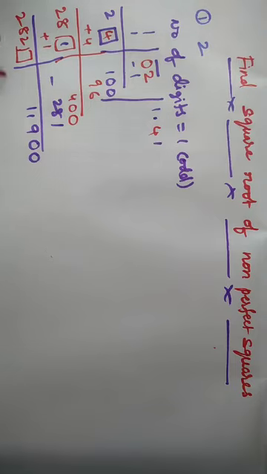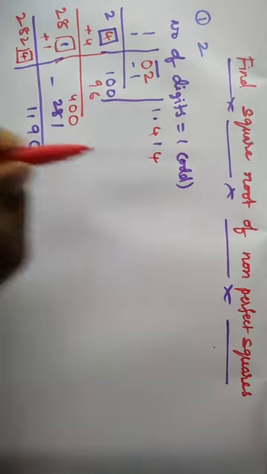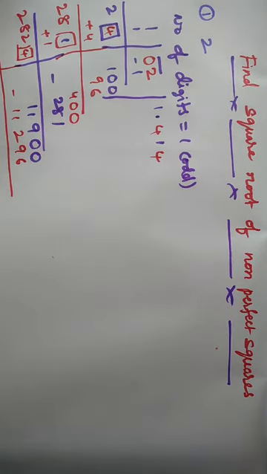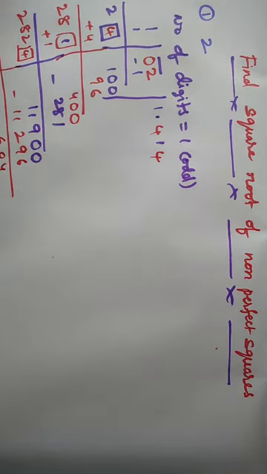So 2821 ones are, 2822 twos are, like that we can take 4 times. 2824 fours are 11296. When we subtract this one, we get 604. So like this we can continue the process.